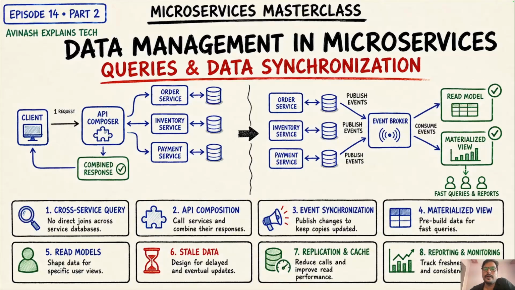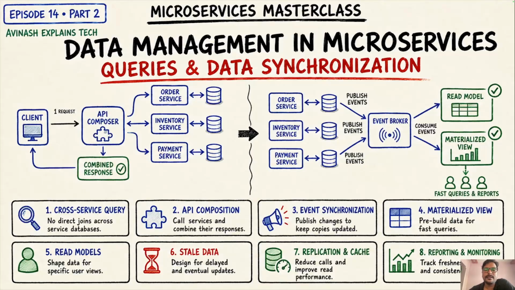But synchronized data must be monitored carefully. Important metrics include event processing lag, failed synchronization events, DLQ, age of latest updated records, missing and duplicate events, source and read model consistency check failures. We should also maintain event ID, timestamp, and correlation ID.